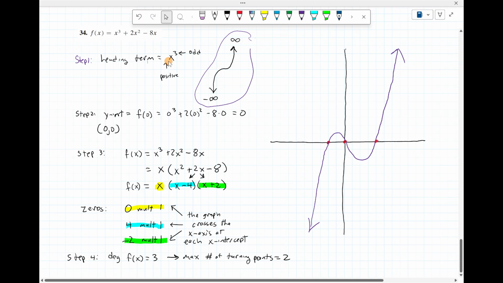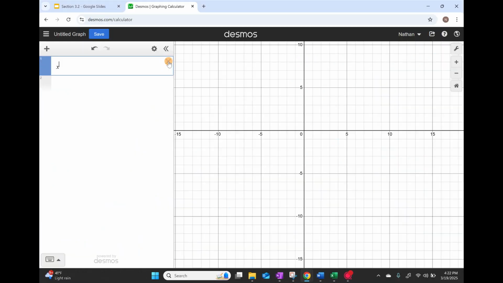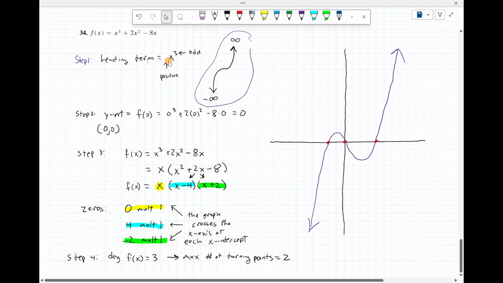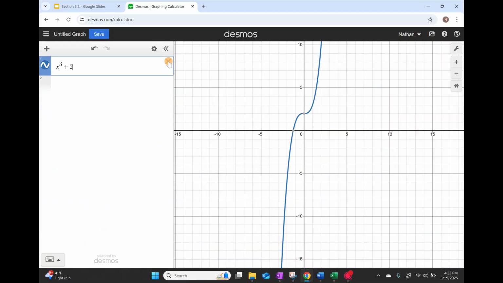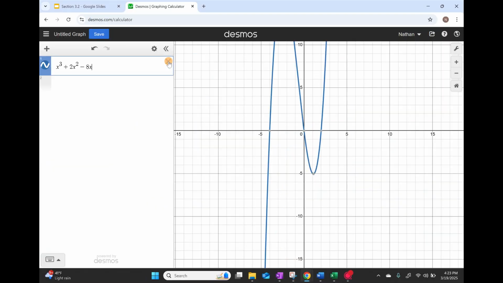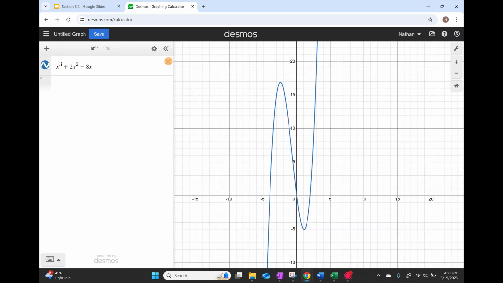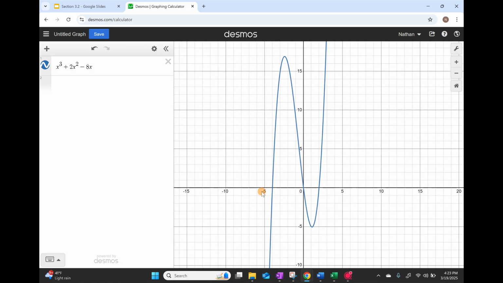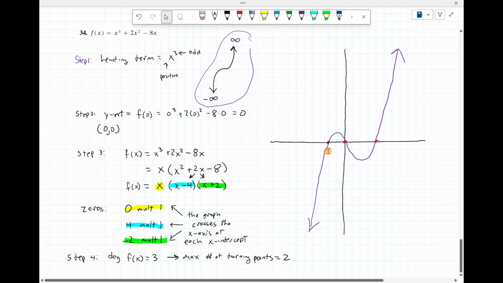So this was x to the third plus 2x squared minus 8x. All right, so the basics are correct. We have all of the correct intercepts at negative... Oh, did I mess up? How did I mess up?